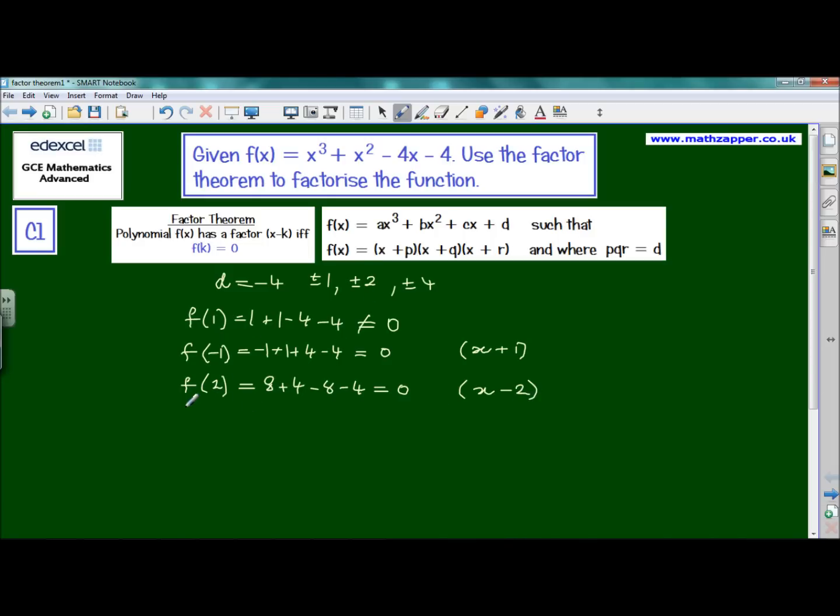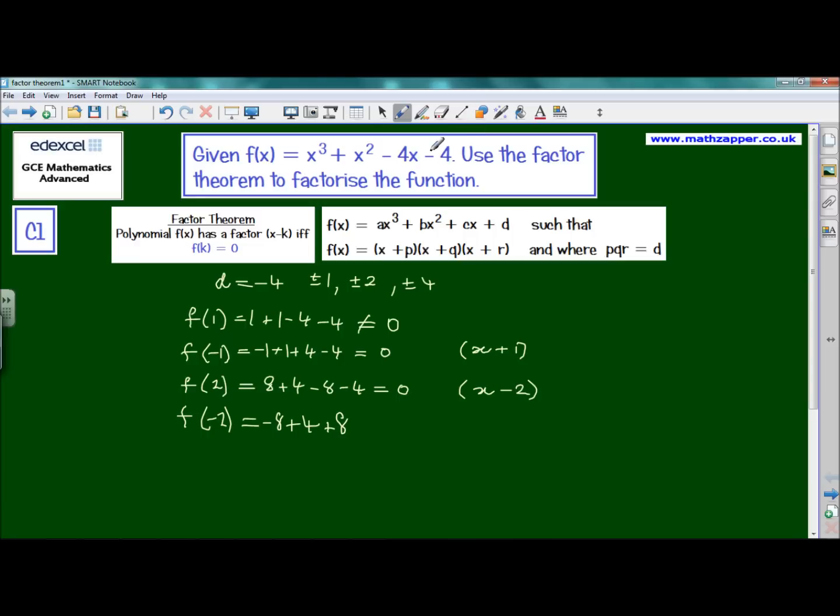Now we'll try f of minus 2. Minus 2 all cubed is minus 8. Plus minus 2 squared, which is plus 4. Minus 4 times minus 2 is plus 8.